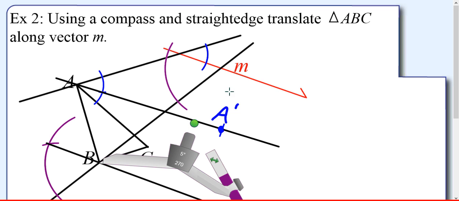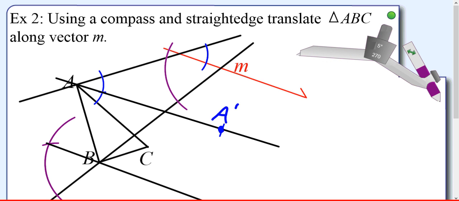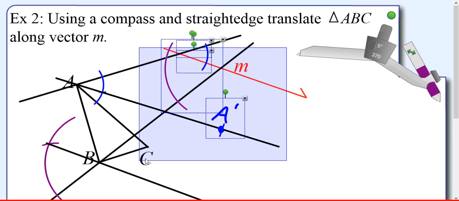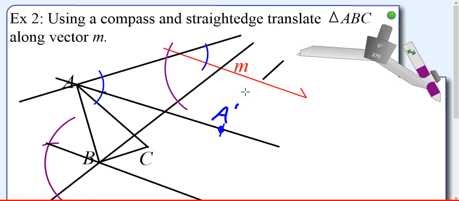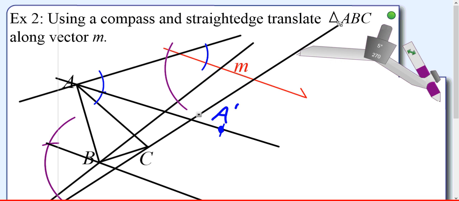It needs to go through vector M and also through point C. Just for an idea of what we're doing, here's the angle we're going to try to copy, and we want to put that right there.